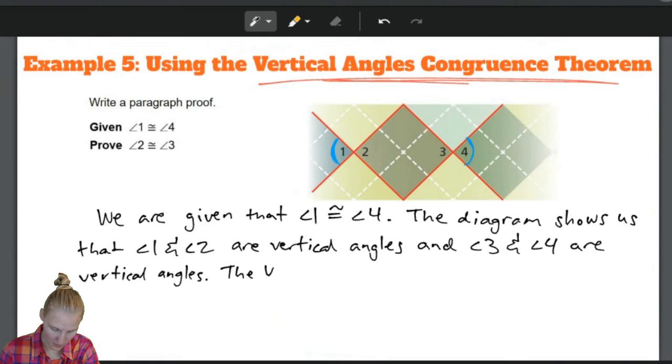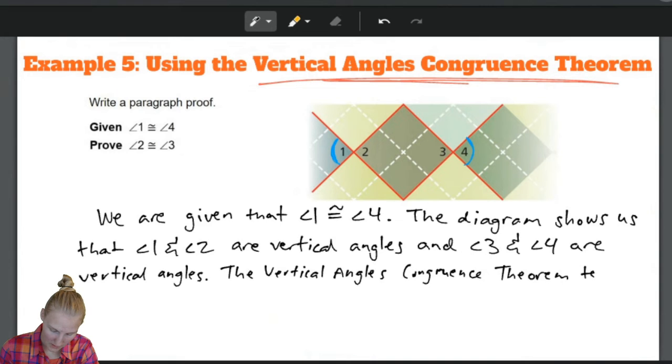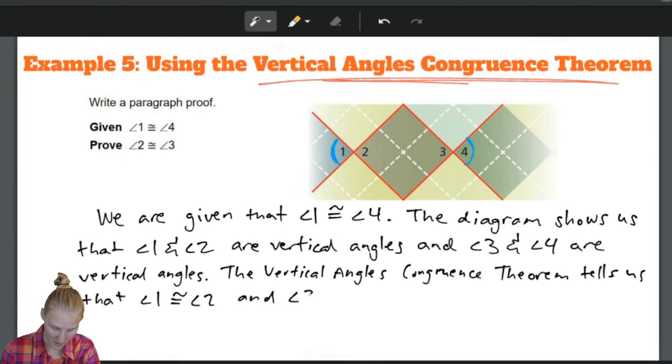The vertical angles congruence theorem tells us that angle 1 is congruent to angle 2, and angle 3 is congruent to angle 4, because they are vertical angles, and we said that in the last sentence.